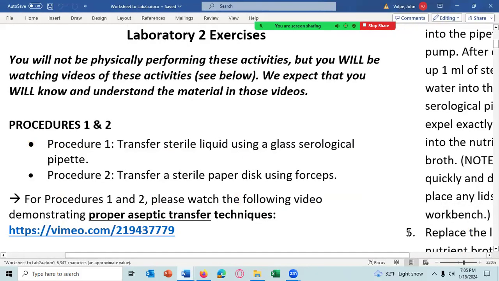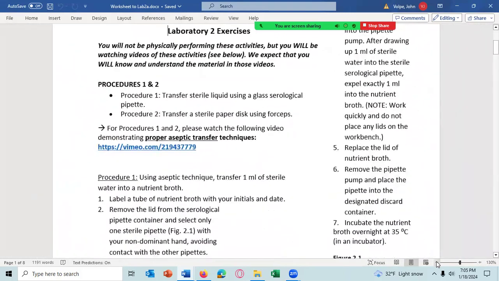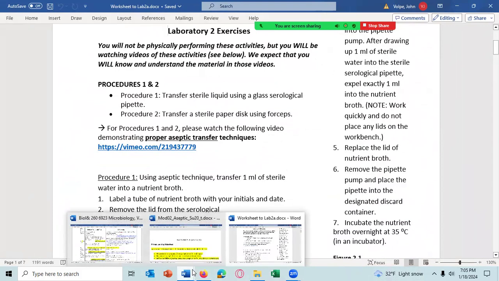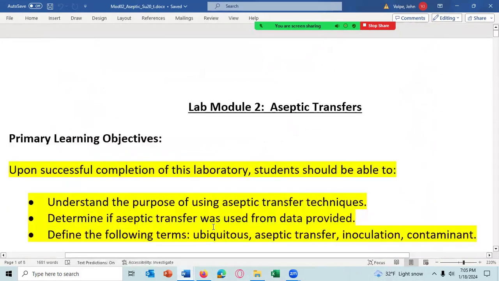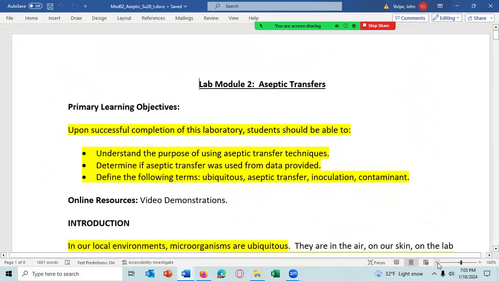Why is that so big? All right, any questions before we begin? If not, I'll begin Lab 2, aseptic transfers.